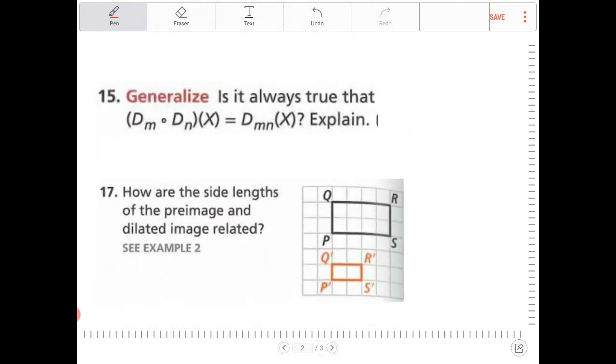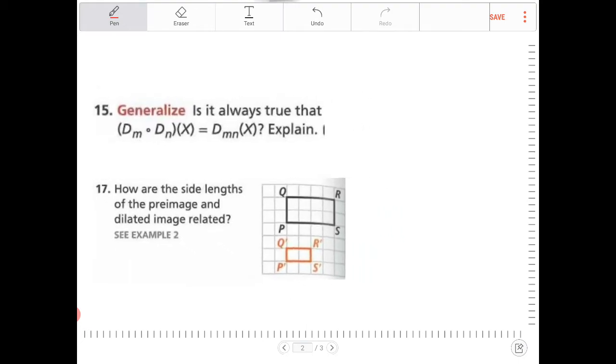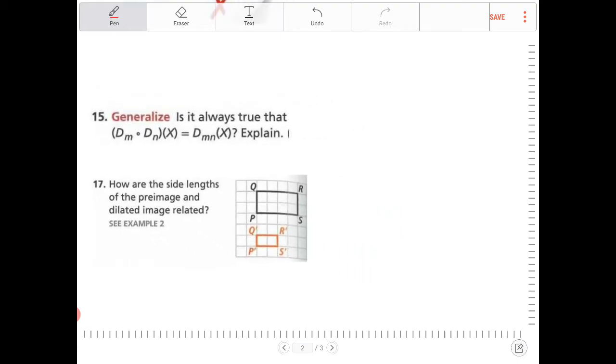Okay. Is it always true that the dilation of n and dilation of m of x will equal m times n? Explain. That's an interesting one. So let's say we have a coordinate (a, b).